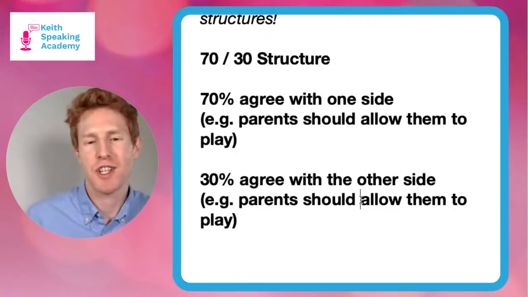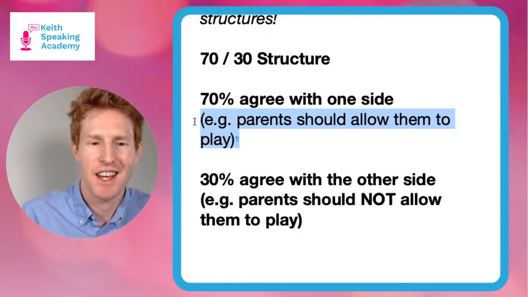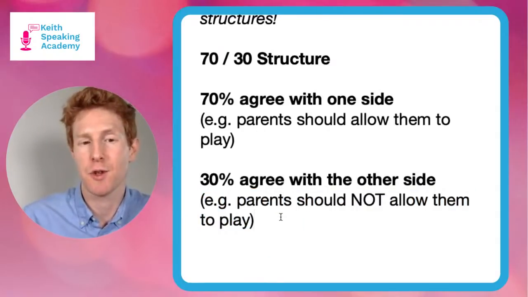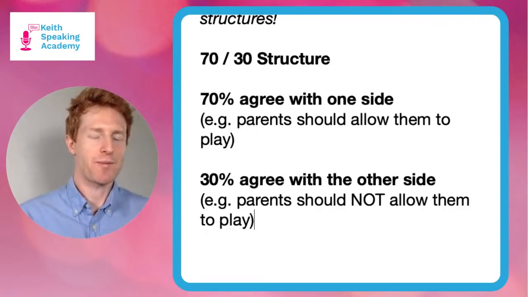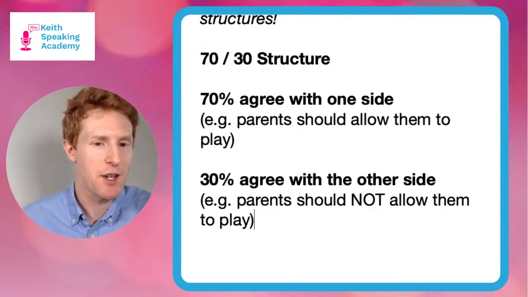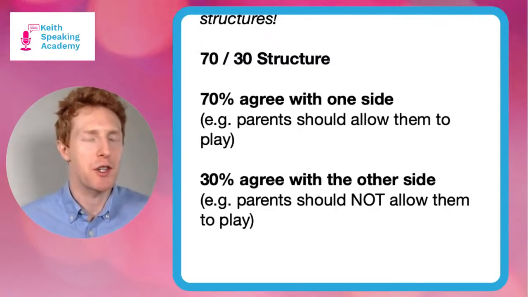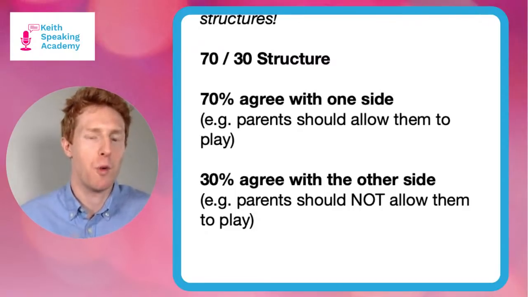And this structure allows you to engage with your critical thinking skills and show arguments and ideas for both sides. Now, I call it the 70-30 structure because you're agreeing primarily with one side, but you're acknowledging the other side. And so as a result, it's a good idea to have two ideas for one side.